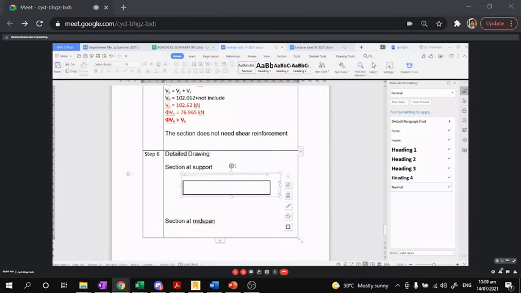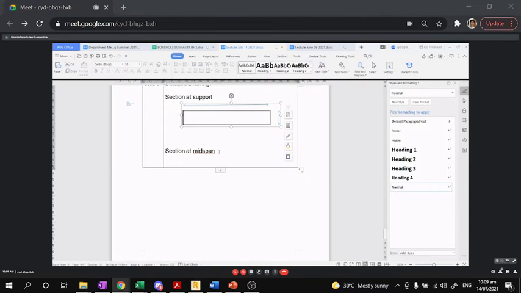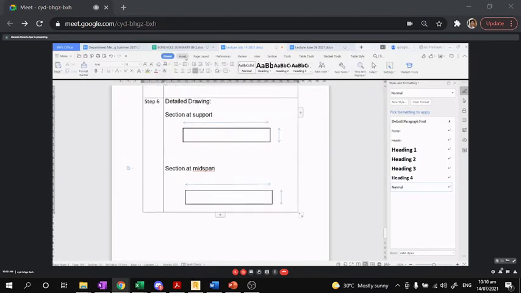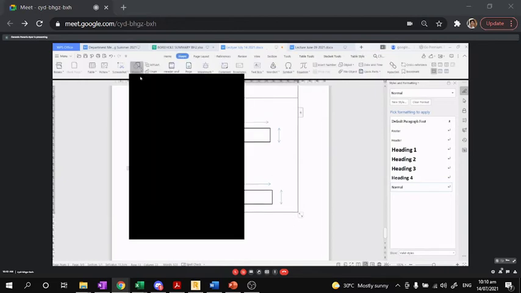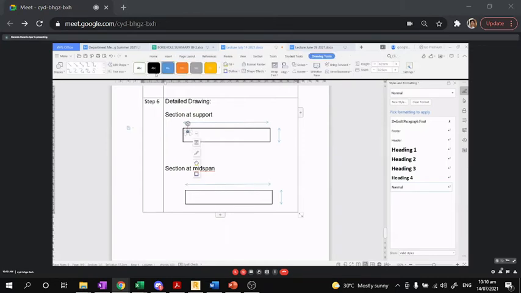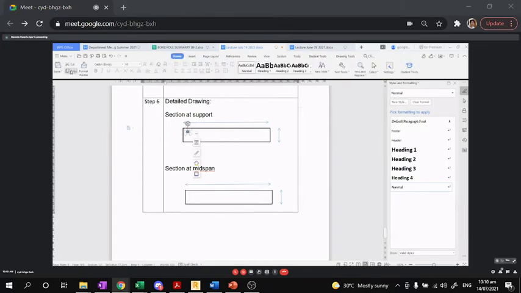I will adapt that to the section at midspan. The only thing that is different is that at the section at support, the main reinforcement is at the top. So that's the one. And then there are plenty of those.